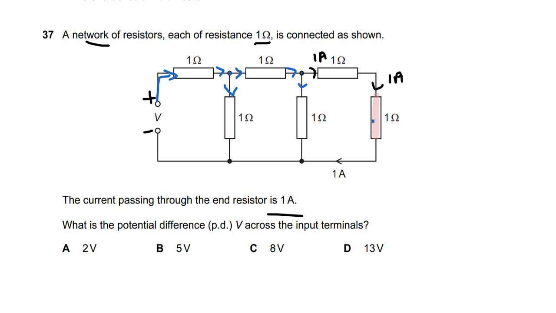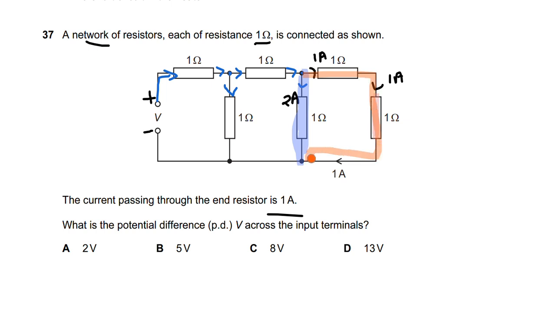So when you've got 2 resistors, you have 1 ampere, and if you've got 1 resistor, you will have 2 amperes flowing. That is the logic. Why is this the case? Because this current needs to be split, and it could either choose to go here or choose to go here.